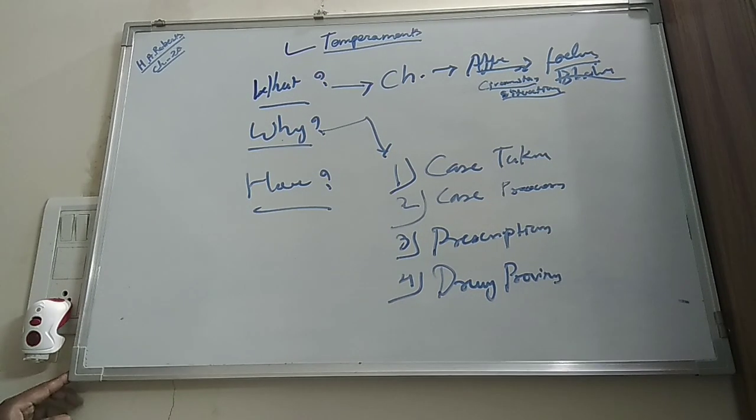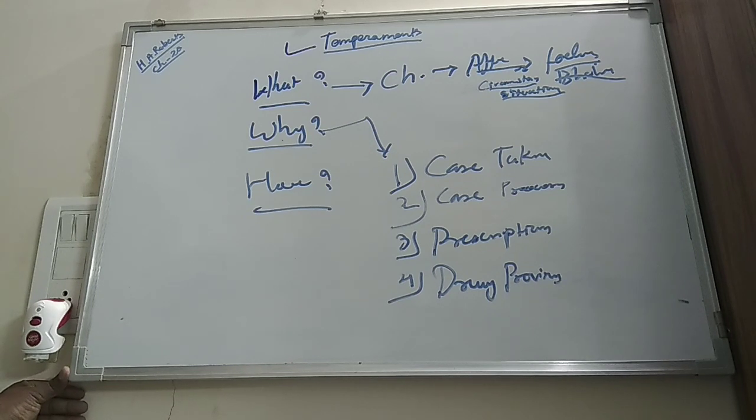As you can see, the temperament and its application of knowledge. What is temperament? Character of a person. A person's affections towards the reaction in the form of feelings and behavior. How a person feels, how he behaves in the circumstances and feels in the situations.